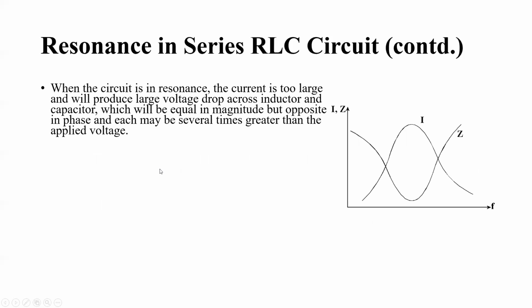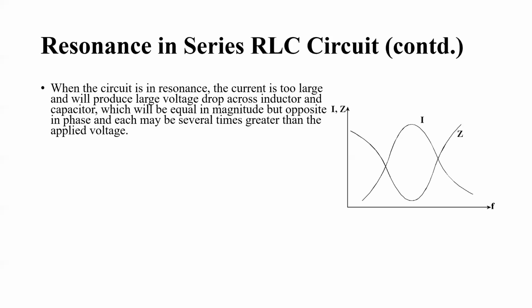When the circuit is in resonance, the current is very large, and because of the large current, the voltage drop across the inductor and capacitor in a series resonance circuit will be very high. Although they are very high, since they are equal in magnitude, they cancel out each other. But such a large voltage drop across the inductor and capacitor sometimes may result in very high voltage in transmission lines.